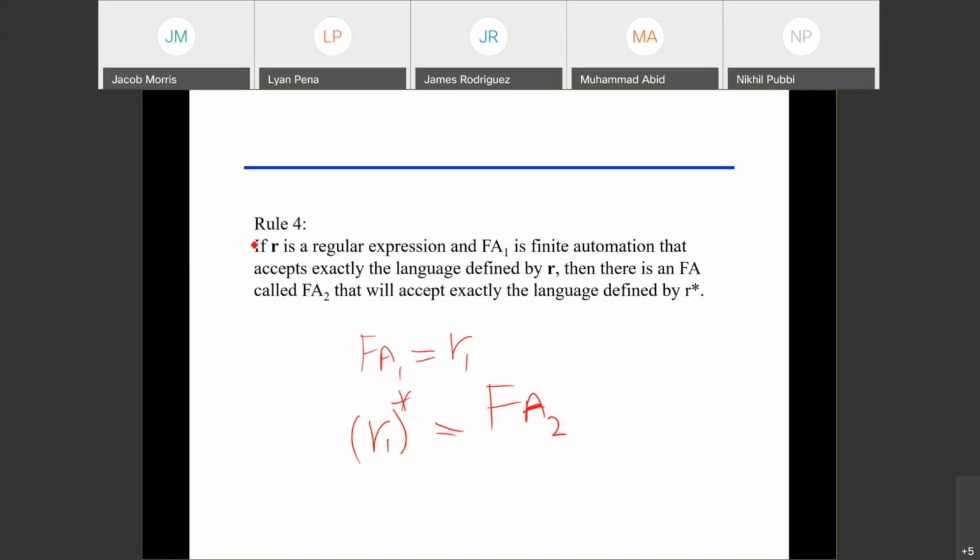So this is basically what we are saying. If R is a regular expression, and this regular expression is for this language FA1, and now you want to find the R star of that, it can be represented by FA2. And regardless, this will be an infinite language, but still it will be a regular language.